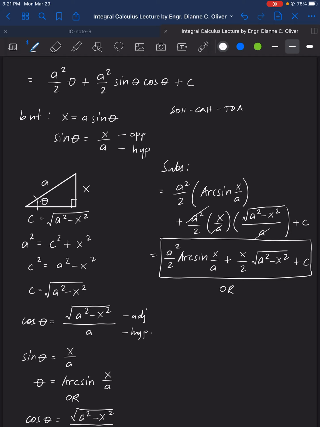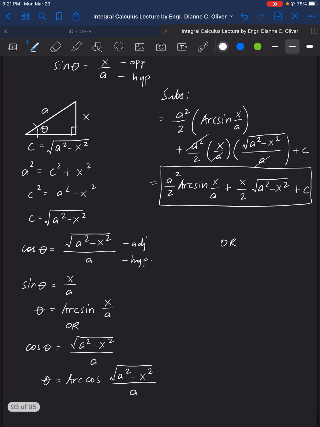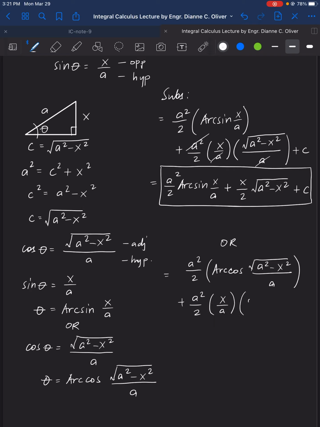Or, if we're using arc cosine, we have a squared over 2 times arc cosine of the square root of a squared minus x squared all over a, plus a squared over 2 times x over a times the square root of a squared minus x squared all over a, plus c.